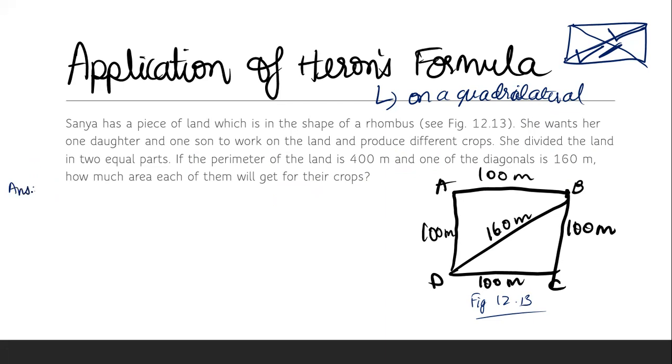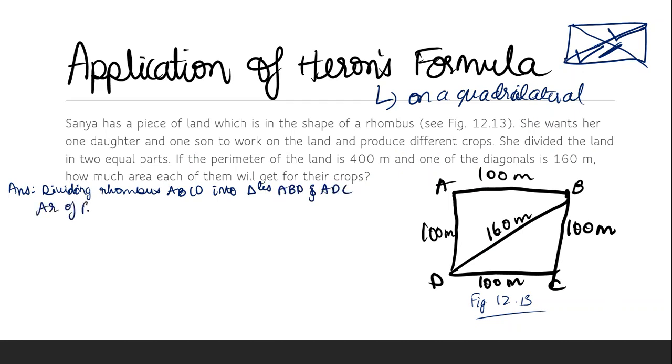Let's see. Dividing quadrilateral, okay, it's not a quadrilateral, it's a rhombus. Dividing rhombus ABCD into triangles ABD and ADC.